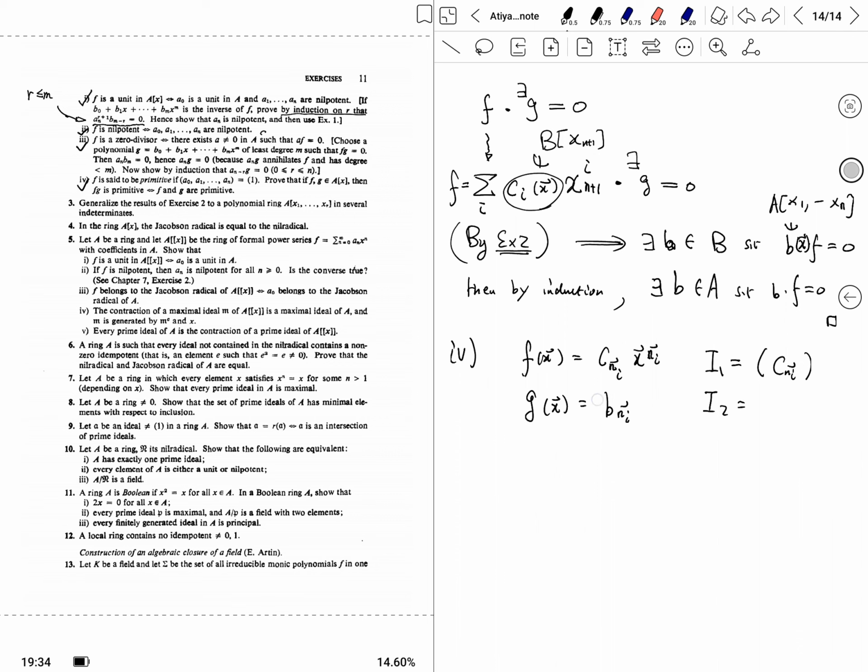Sorry, this is a summation, obviously. And then correspondingly we have this f times g, whose coefficients, okay, let's call it d_i and I_3.